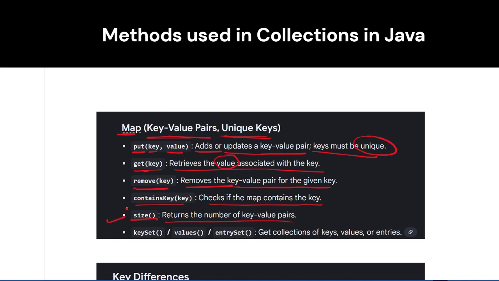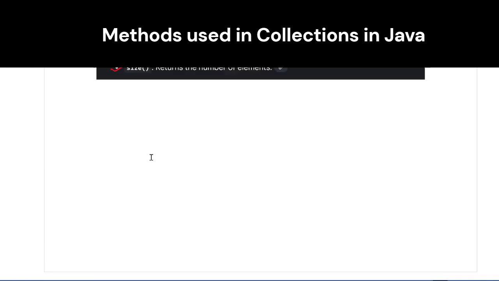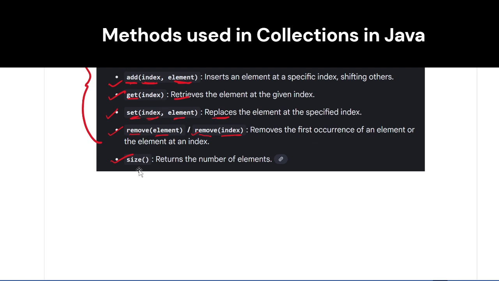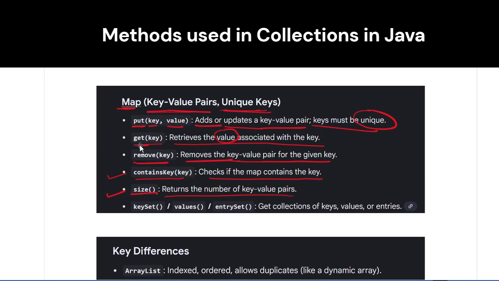So we had this in array list, checking of size. Contains key, so we are checking if the particular element is present. Where we had used the contains method, we had used it in set. Did we use it in array list? No, we did not use contains in array list.